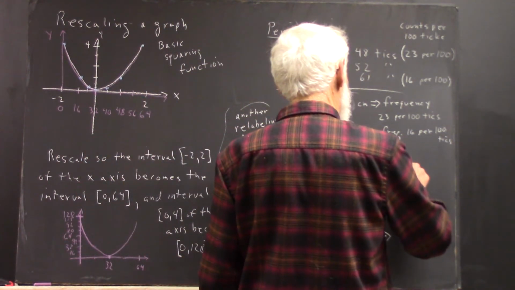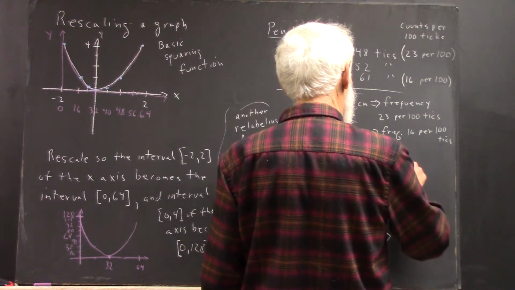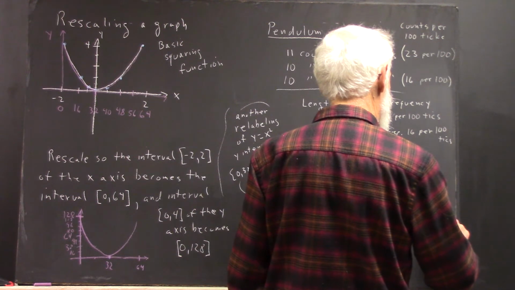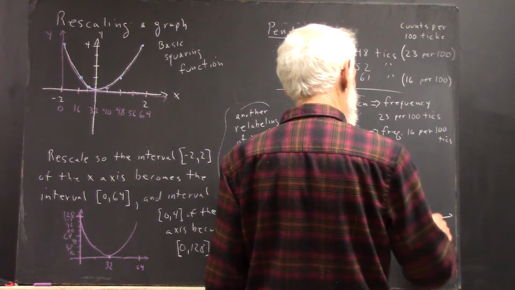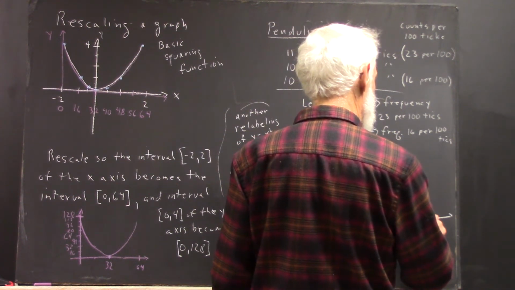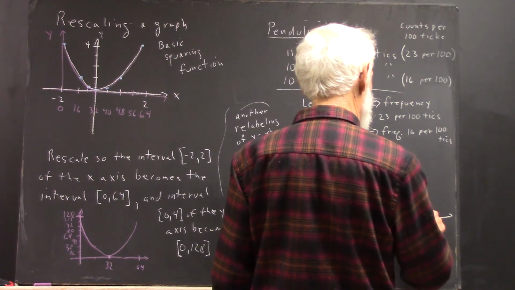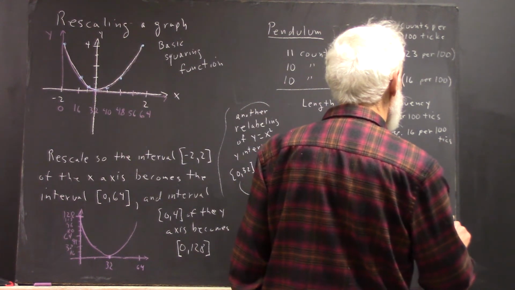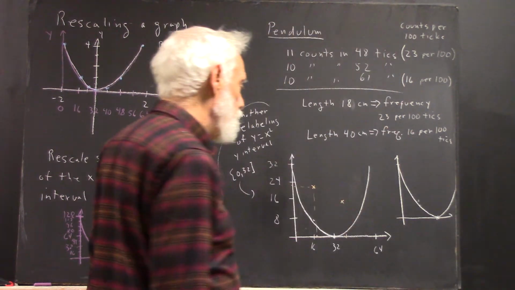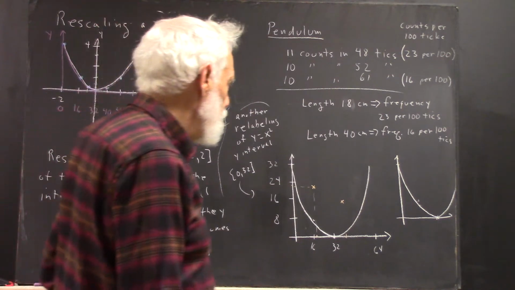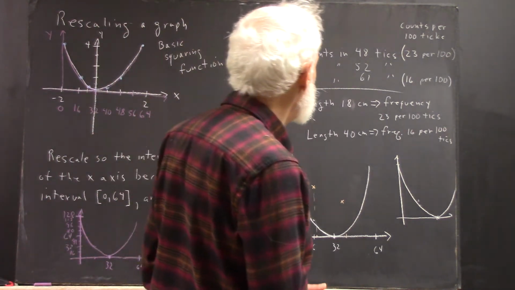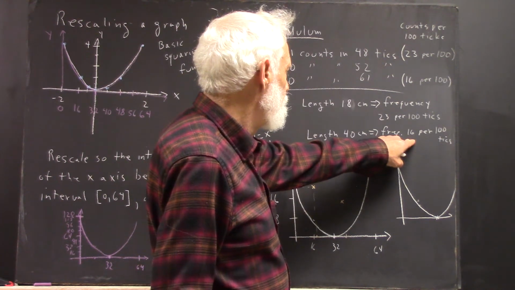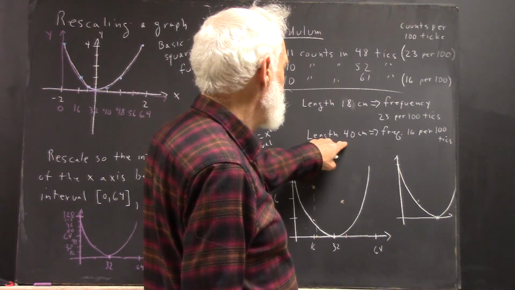What I'm going to do now is I'm going to do a graph again of just this part of the, so about like so. Well, we could continue it on, but I'm not going to need another part. And I'm going to take 16 counts at length 40.